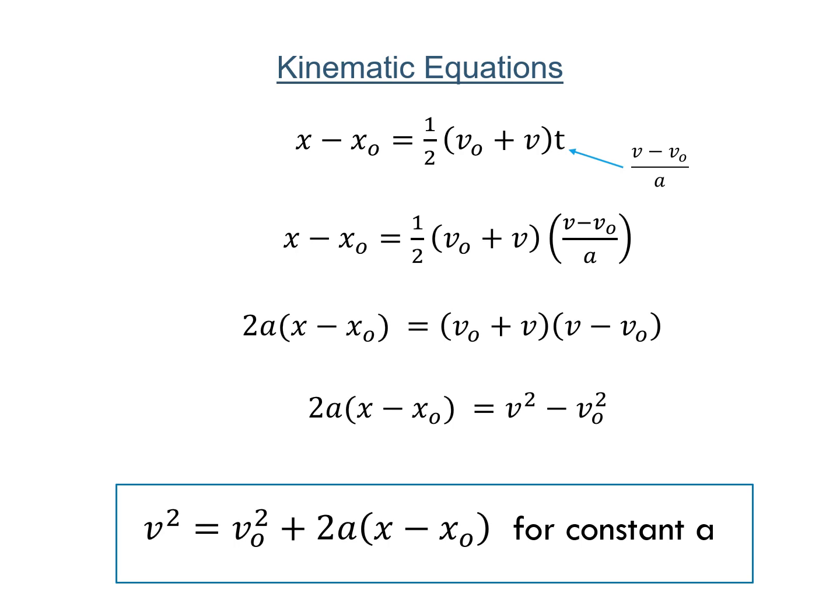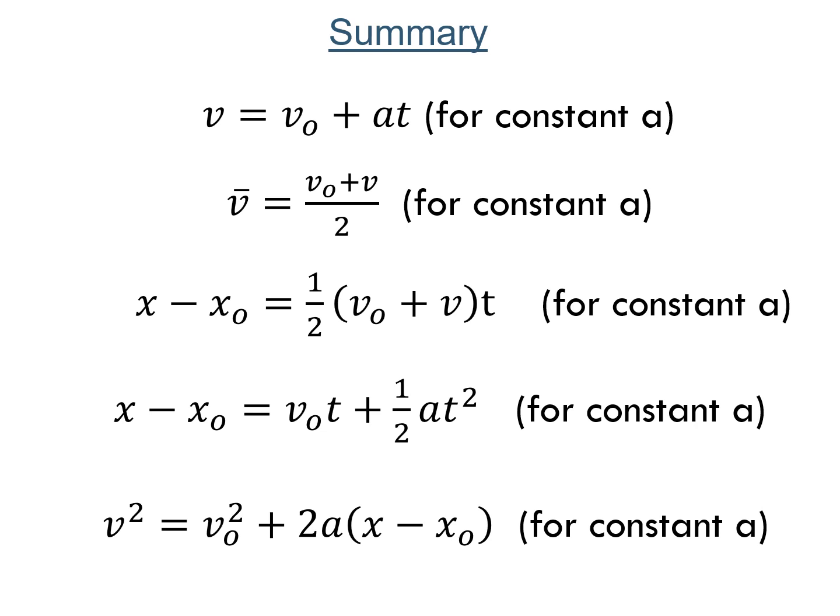Ta-da! Here is the timeless equation. Here is the list of 5 equations you can use to solve all constant acceleration kinematics questions. Please keep a list of equations and make it accessible all the time throughout your study of physics.